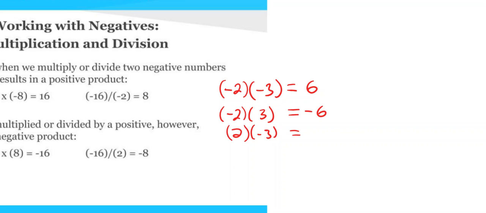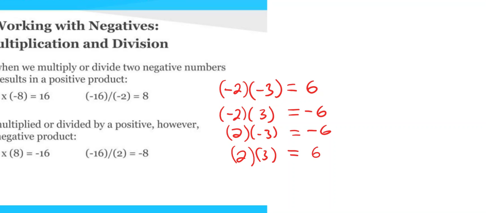So positive times a negative. Yeah, it's still negative. Doesn't matter, right? If you're going negative times a positive or positive times a negative, you end up getting a negative. So that's going to be -6. And then if I had just positive times a positive, so 2 times 3, that's just 6 there, right?